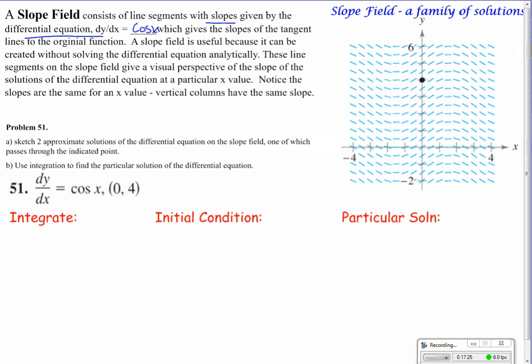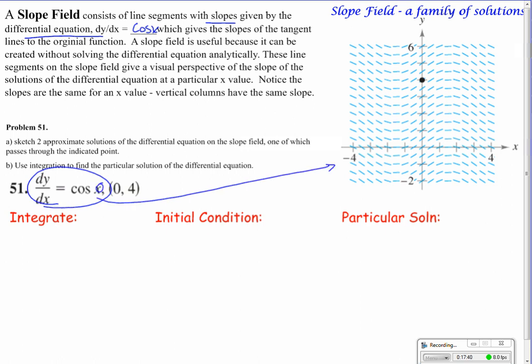So what you're seeing there are those slopes that are coming off the equation of the tangent line. A slope field is useful because it can be created without solving the differential equation. This differential equation is what is displayed there.